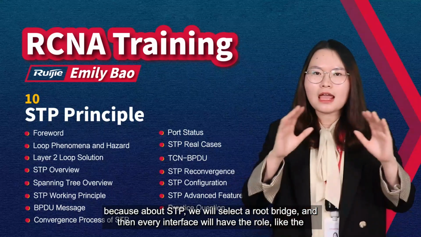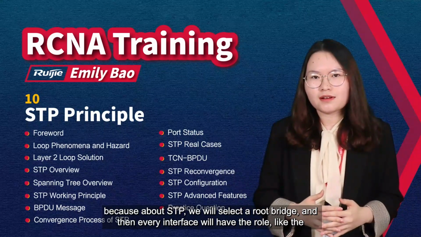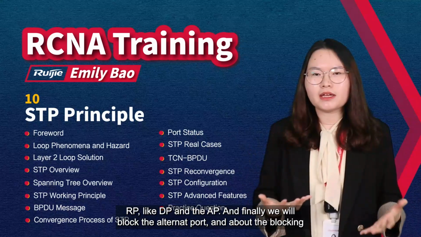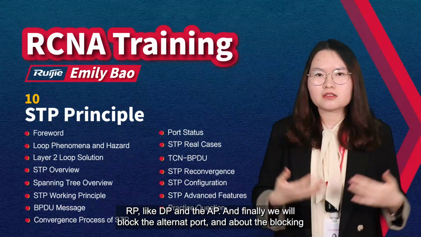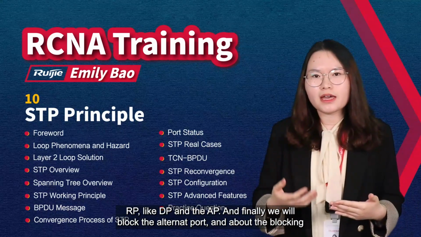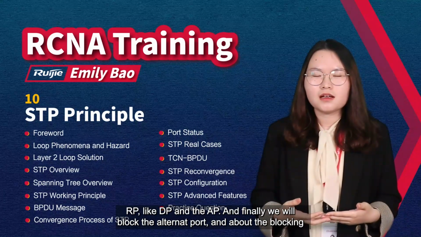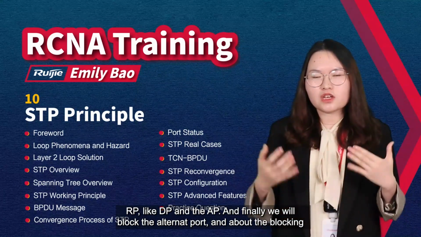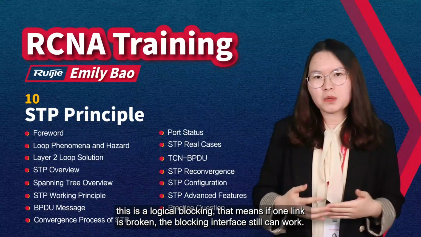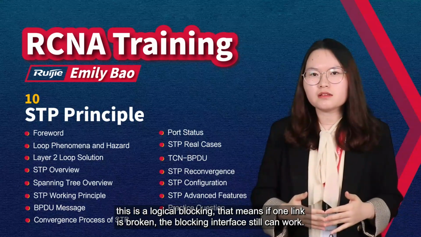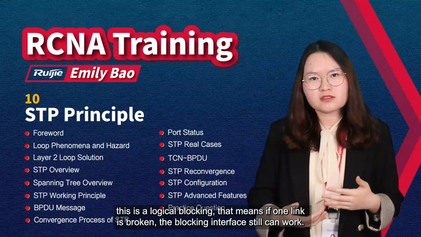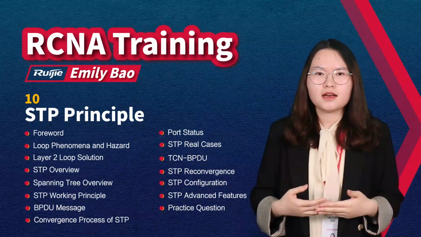And then every interface has a role, like RP, DP, and AP, because finally we block the redundant port. And this blocking is a logical blocking. That means if one link is broken, the blocking interface can still work.